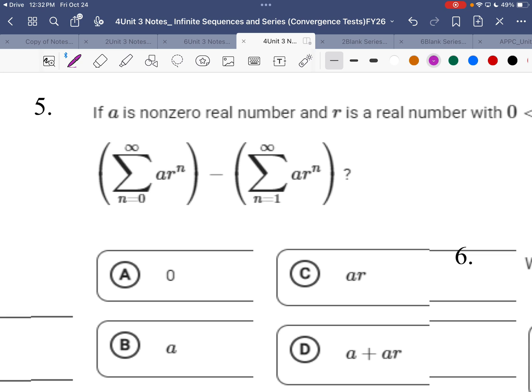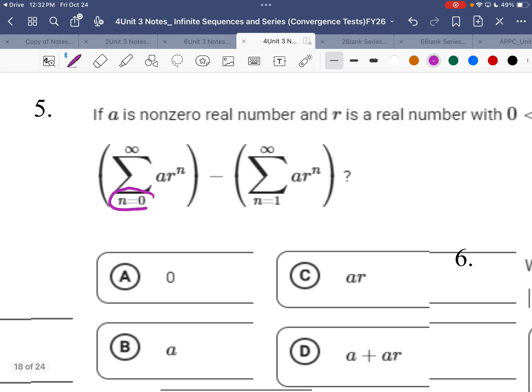When I'm adding and subtracting series, I can only add and subtract them if their index, so the starting number, is the same. Are these indexes the same? Obviously, no. So in order to make them the same, I can first plug in 0.